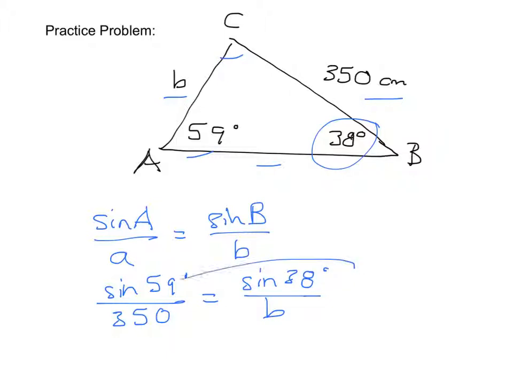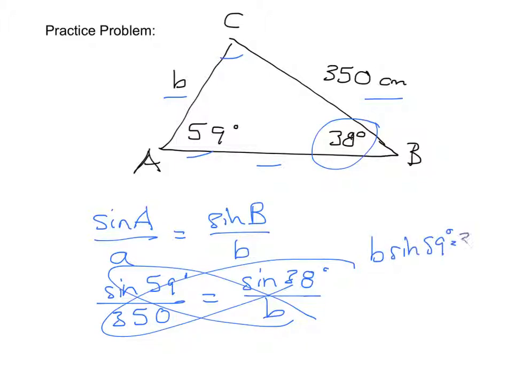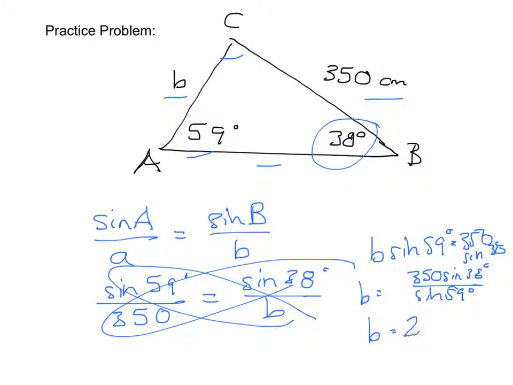Then we cross multiply as we do with proportions, and we end up with b sine 59 equals 350 sine 38, and then we can divide by sine 59 to get 350 sine 38 over sine 59. You can plug that into your calculator and you're going to get approximately 251 centimeters.